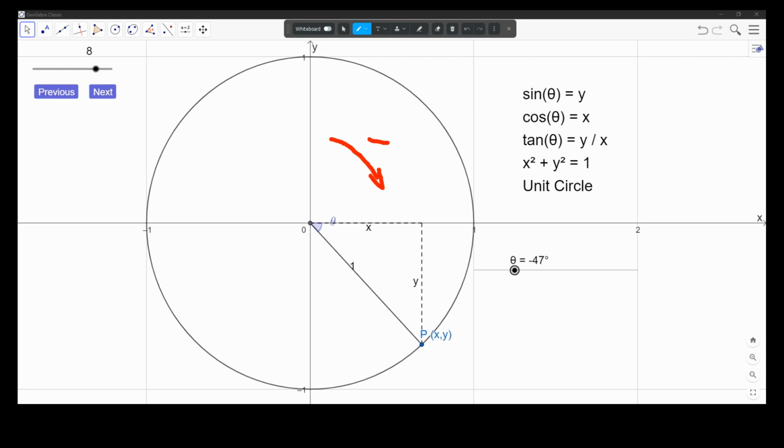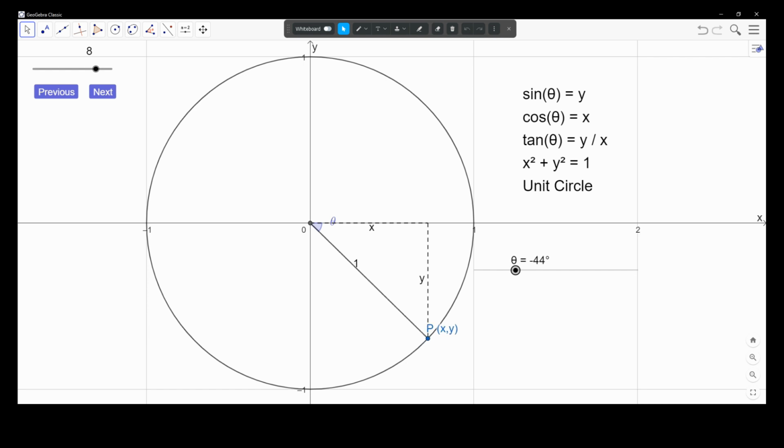And you can arrive at the same point, the same point x, y, can be described with, say, in this case, an angle of negative 45 degrees, or it could also be described as positive, let's see, 315 or so. So they describe the same point.